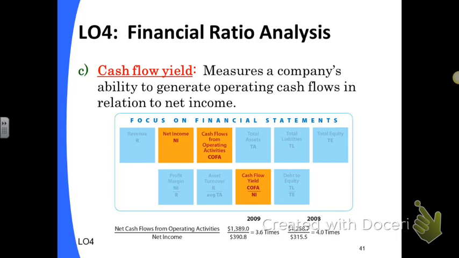And this number, while it declined slightly for our company here, it still is a solid reflection of our cash flow generating capability. It's a relatively strong reflection here for this company because its cash flow from operations is 3.6 times its net income. That means they're able to turn over their assets relatively quickly.